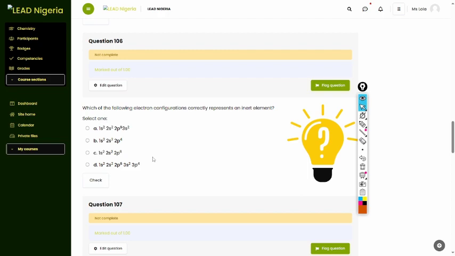Which of the following electronic configuration correctly represents an inert element? An inert element refers to an element that is unreactive, and an unreactive element is an element or atom that has completely filled outermost shell or orbital. If you look at the configuration here, the last orbital is the third one and it has 2 electrons.